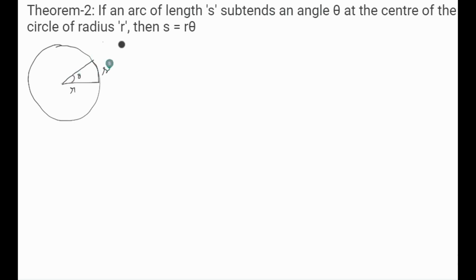Let us label this as O, A, B. Let us also draw an angle AOC, which is equal to 1 radian. And the length of this arc is equal to the radius of the circle r, since it has an angle of 1 radian.